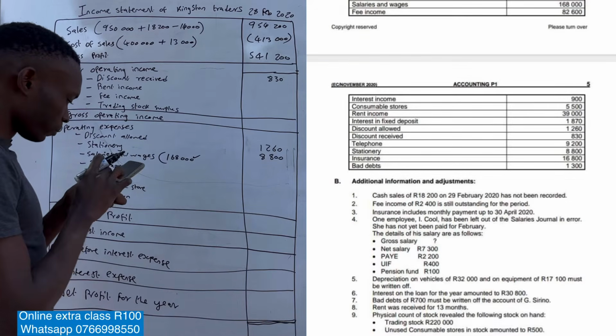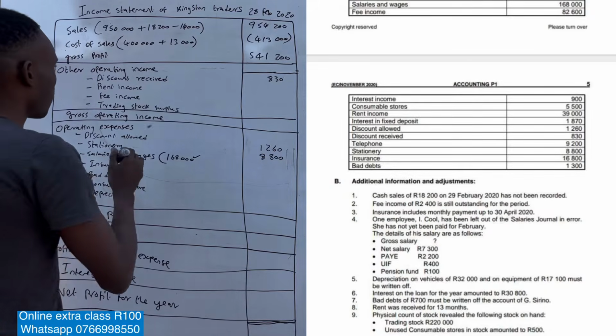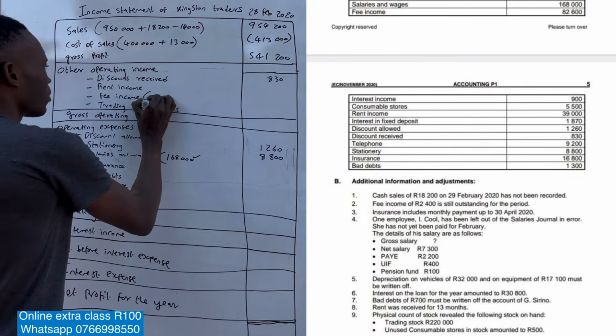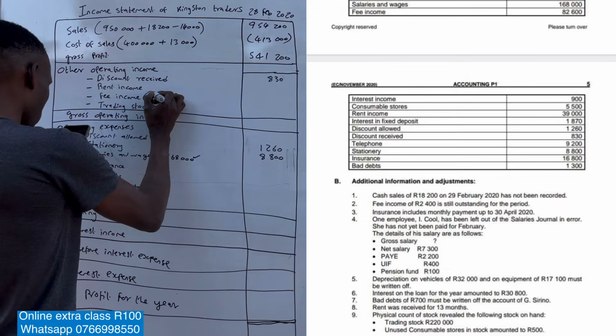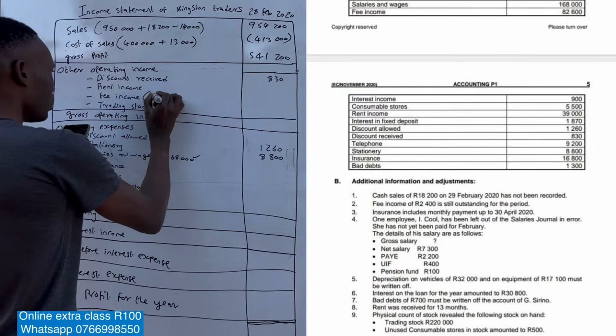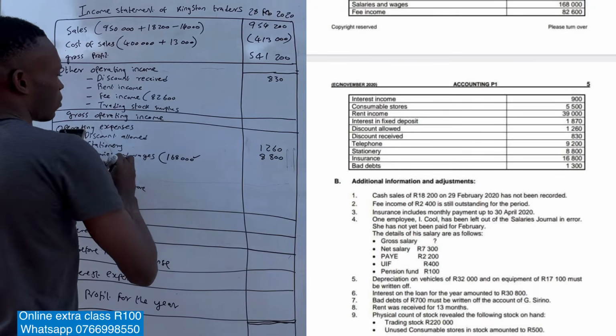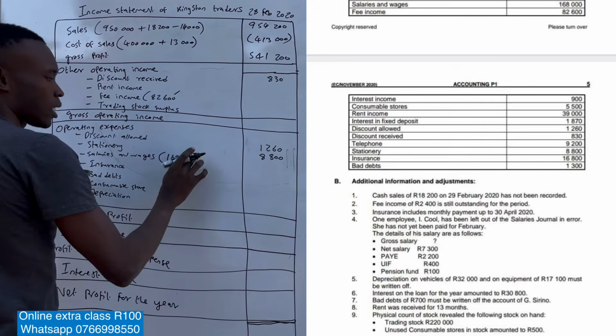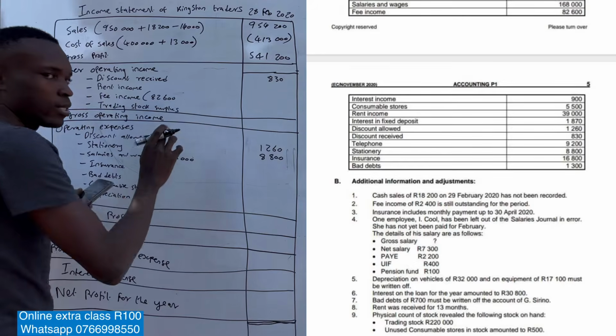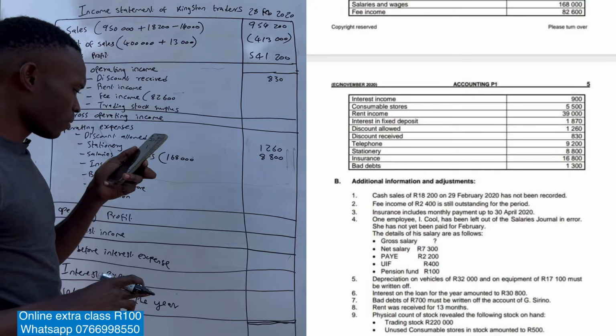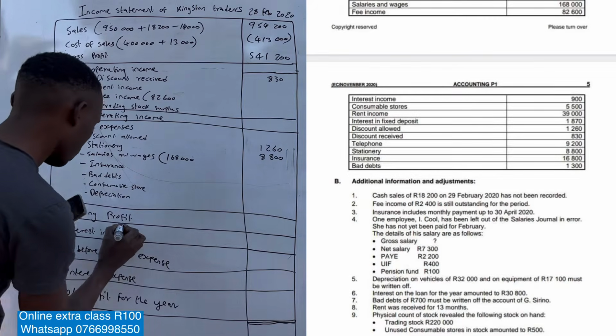Then the next one, fee income is here, and the amount of fee income is 82,600, and it's 1 mark, just 1 mark. Just know that every amount that I'm writing is 1 mark. Okay, the next one, interest income, 900.